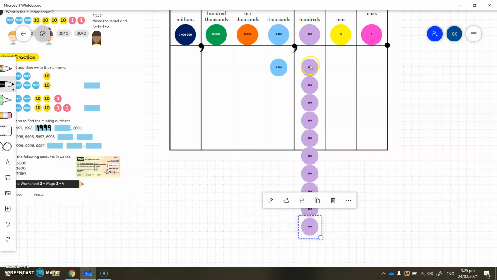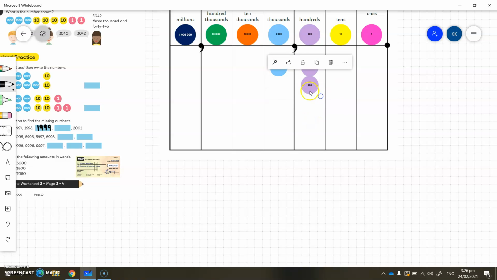Okay, let's look to the hundreds place now. 100, 200, 300, 400, 500, 600, 700, 800, 900, 1,000. 10 hundreds is the same as 1,000. So I can exchange 10 hundreds for 1,000.